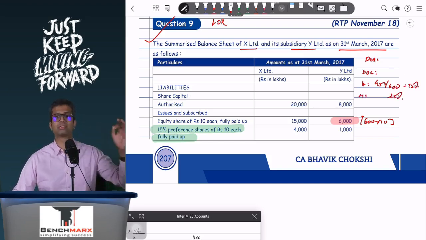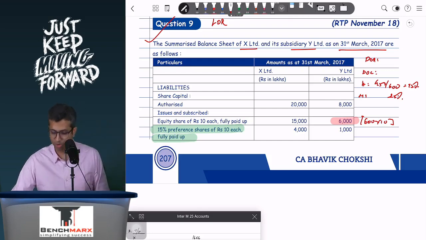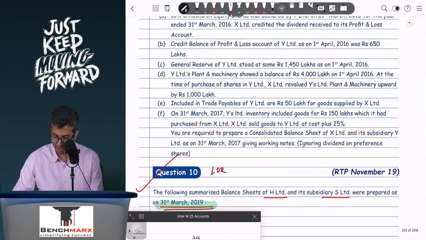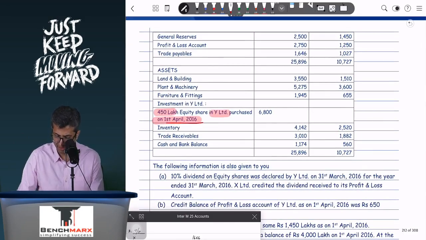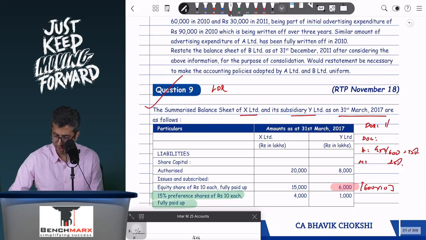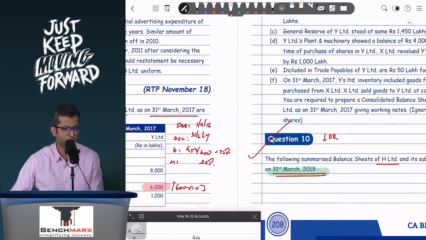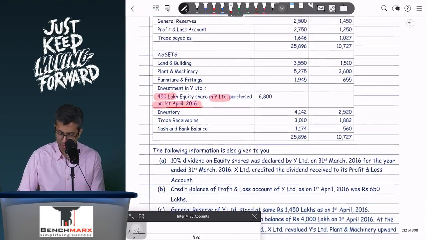In preferences, the entire 100% is held by minorities unless given otherwise there is some investment. Date of acquisition is given to us over here at 1st April 16, and date of consolidation is 1 full year later, that is on 31st March 17. Okay, so these are 4 pointers that you will note at the beginning.